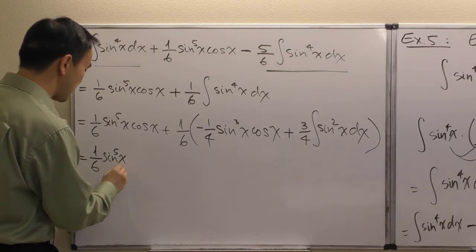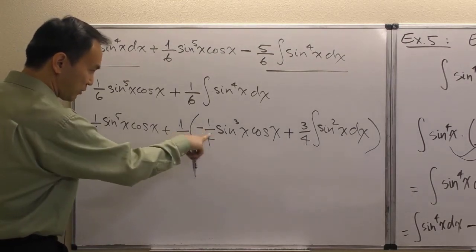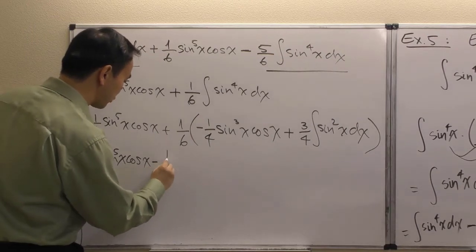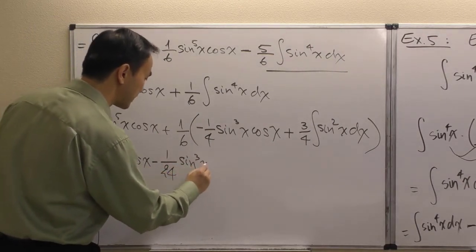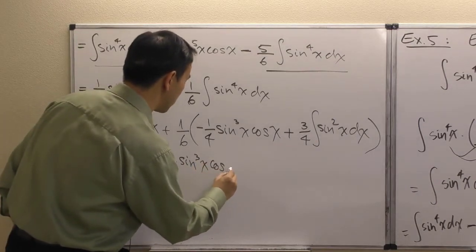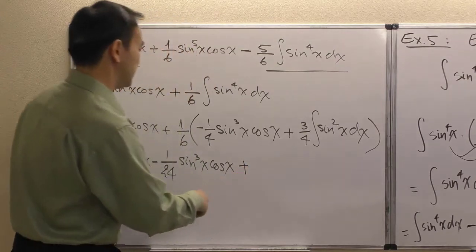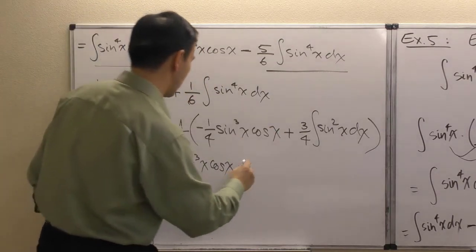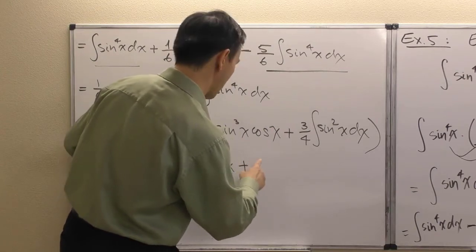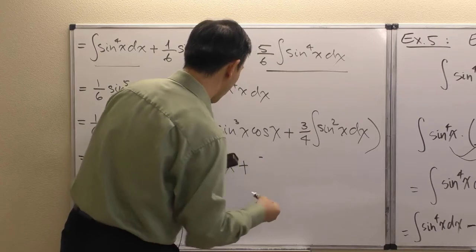Sine to the fifth of x, cosine of x. Okay, but now 1/6 multiplied with negative 1/4 gives me a minus 1 over 24 sine cube of x, cosine cube of x, right, plus, and then now multiplying this 1/6 to that 3/4 right there, the 6 cancels with the 3 a little bit, so it gives me a 1/8.